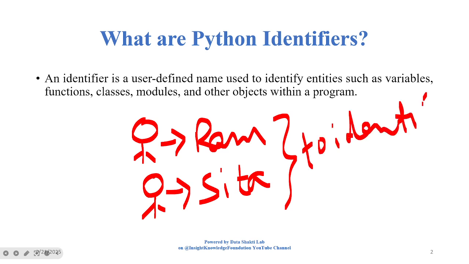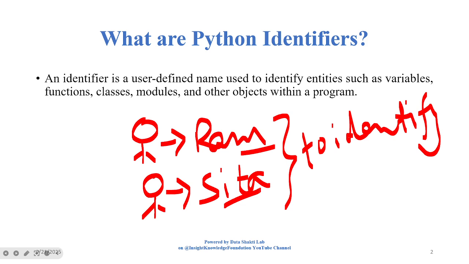So if we name a person Ram, we usually identify them as male, and if we name a person Sita, we usually identify them as a girl.